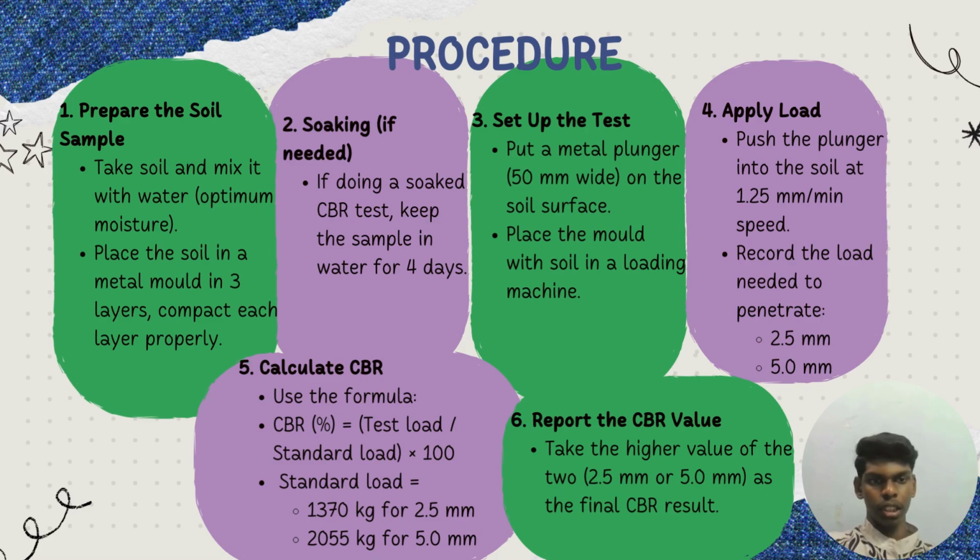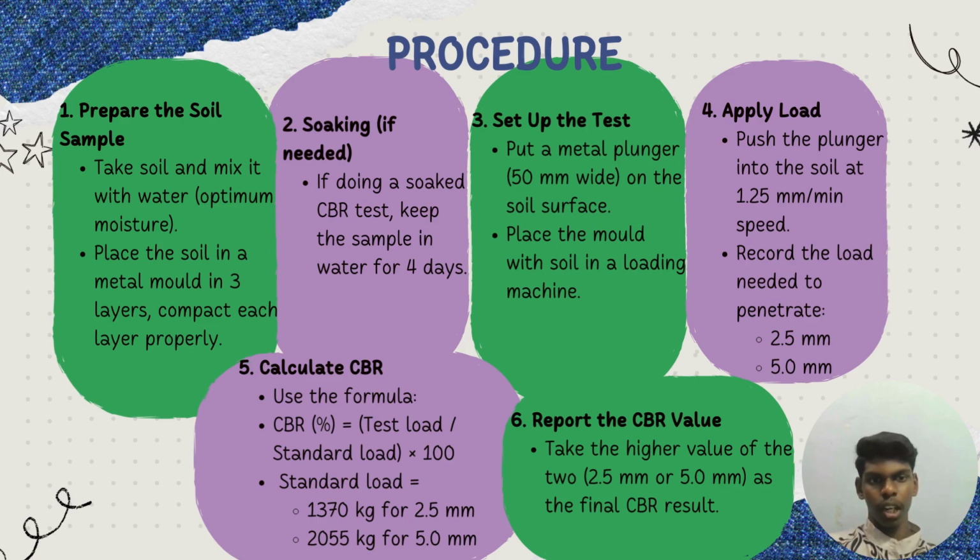Once we have the load values, we move to the calculation. The calculation of CBR uses the formula: CBR equals the test load divided by the standard load times 100.